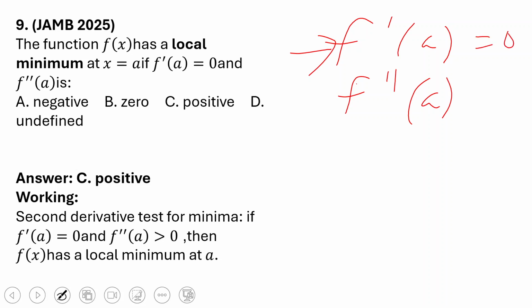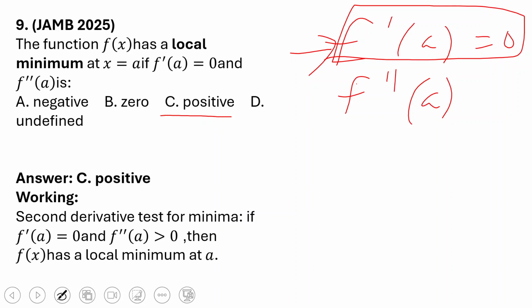What it means is that I differentiate the function the first time, put the constant a where the variable is, and the result becomes 0. Then f double prime of a is what? This is just to let us know the condition for the second derivative test for a minimum. There is what they call minimum and maximum. So the answer is C, positive, that f double prime of a is positive.